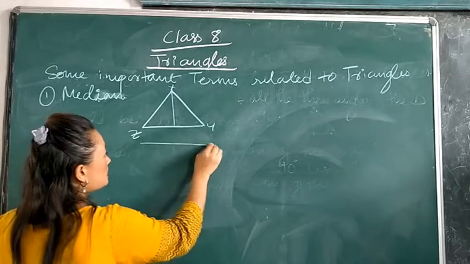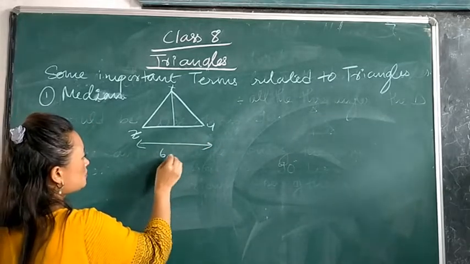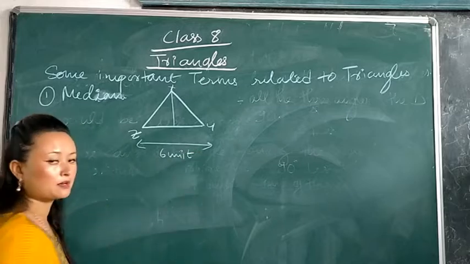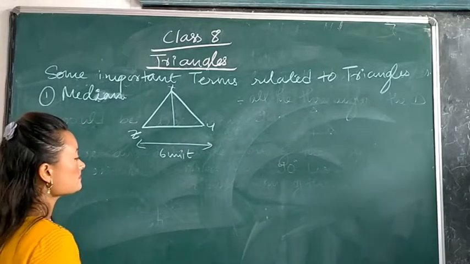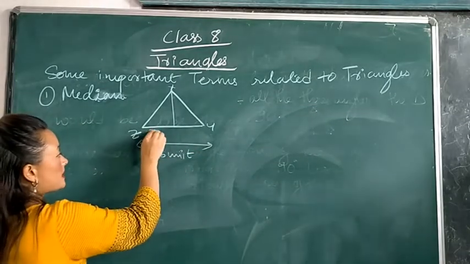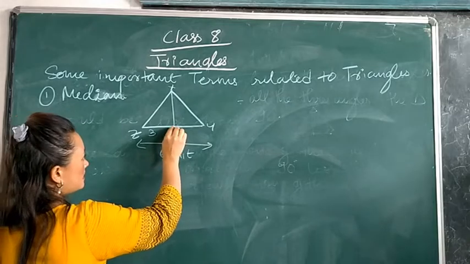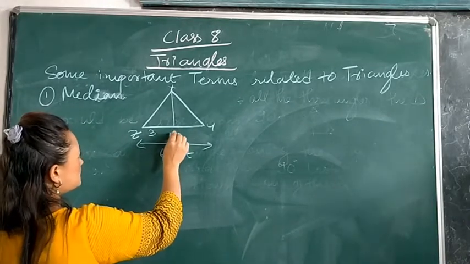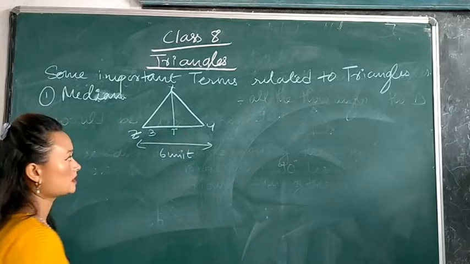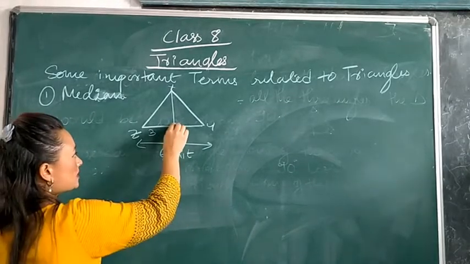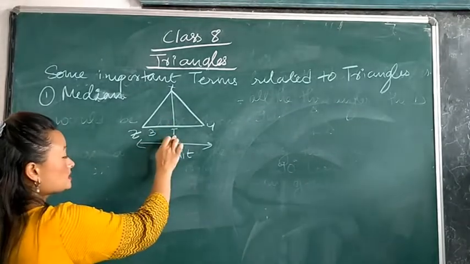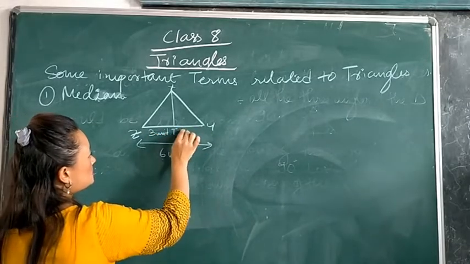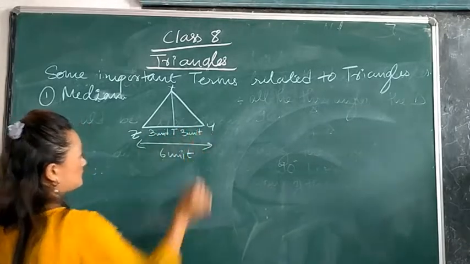Which means if the length of this side ZY is 6 units, it can be 6 meters, 6 centimeters, whatever it is, then, let's name the midpoint T, so the line is XT. ZT would be 3 units and TY would also be 3 units.